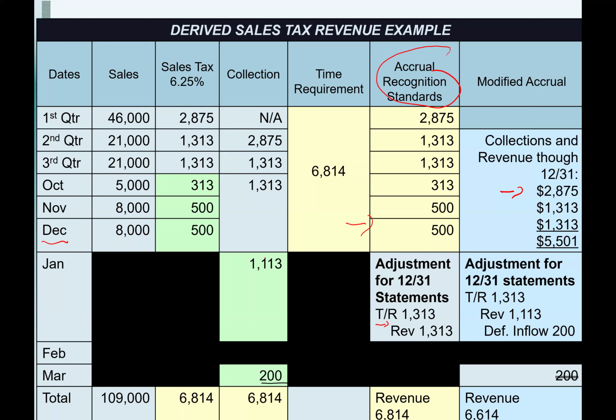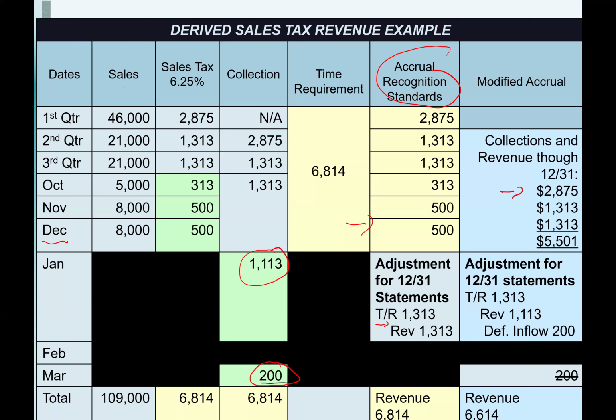And you're saying, well, John, if they're not going to collect that until January, and they're not going to collect that all the way down here until March, how do they know what the amount is? As you guys well know, it would take some time before we would have to issue these reports. Maybe we're issuing our financial statements in February or March, and by then we would know how much we had actually collected. And even if we didn't know, we'd have to estimate how much we think we're going to collect. And so we'd be able to debit the receivable and credit the revenue.